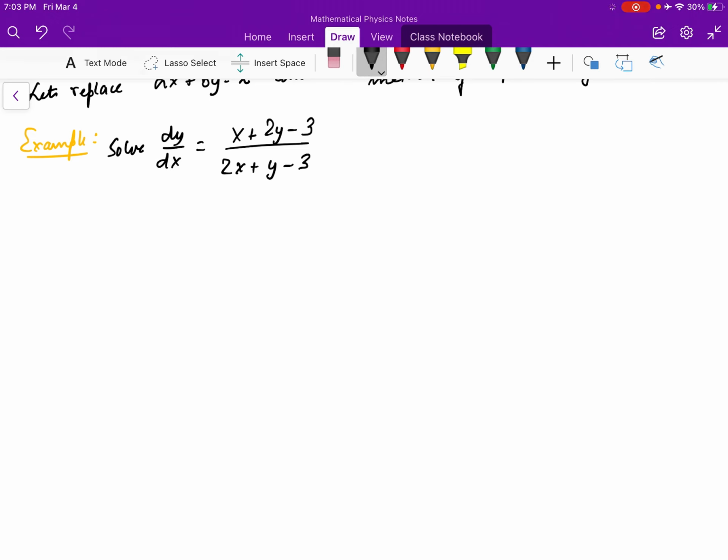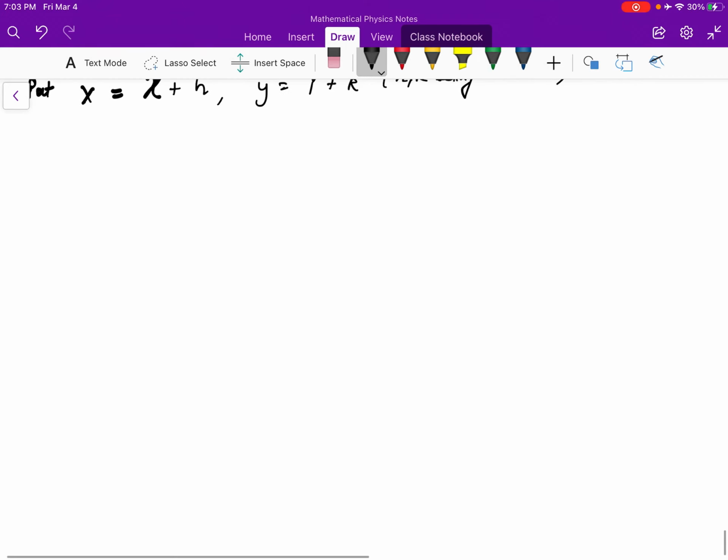So now we use the rules that we have said, which is put x is equal to capital X plus h, small y is capital Y plus k, h and k being constants. I'll try to solve this problem pretty quickly, but if you have any issues, feel free to comment down below or mention if you have any issues so far.